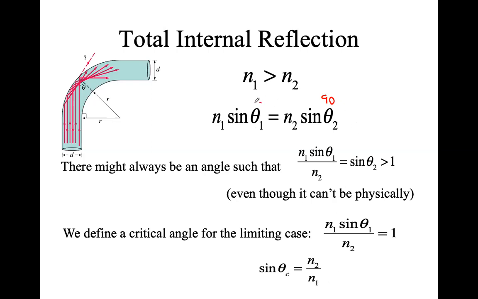We call that incident angle, where the transmitted angle goes to 90 degrees and the sine goes to 1, the critical angle. It's the critical incident angle beyond which you don't get any transmitted angle because you've already hit 90 degrees. And then what must be left is that everything must be reflected. It's then called total internal reflection, 100% reflection.